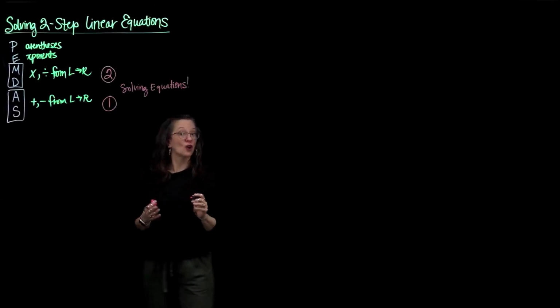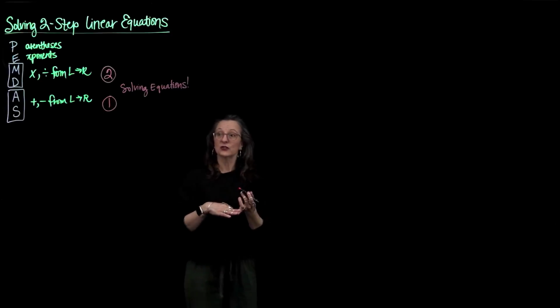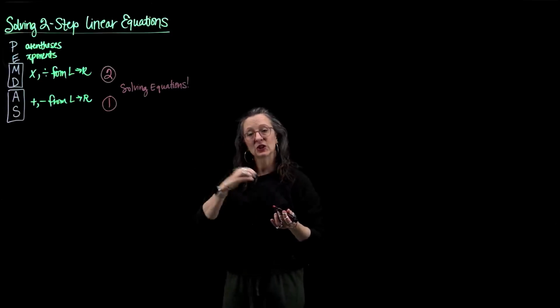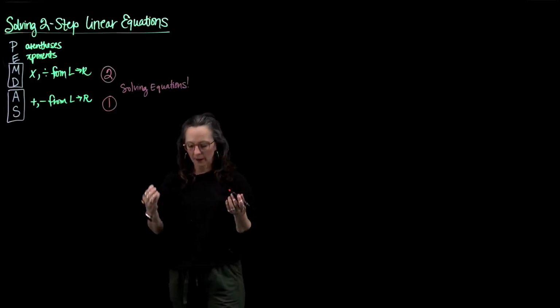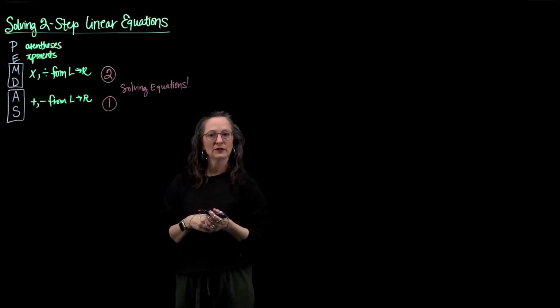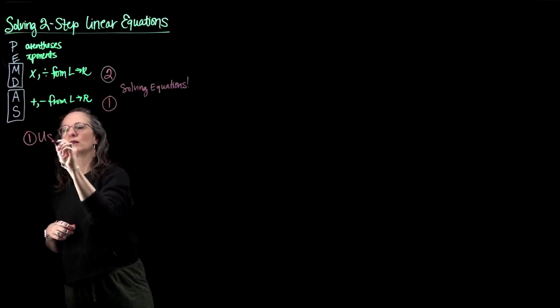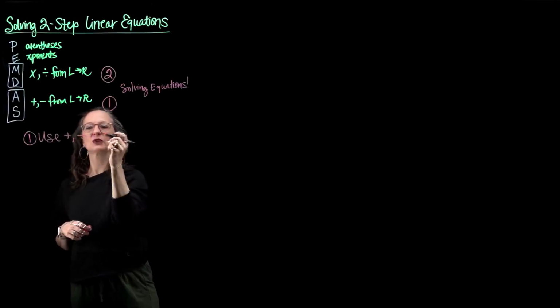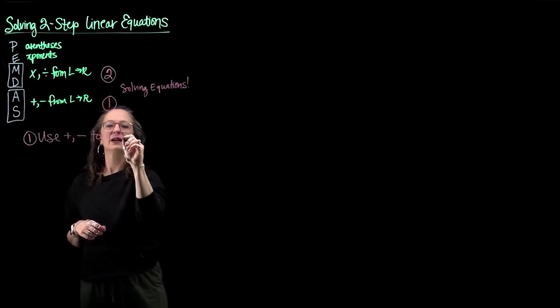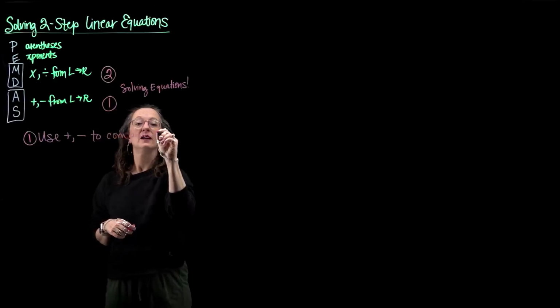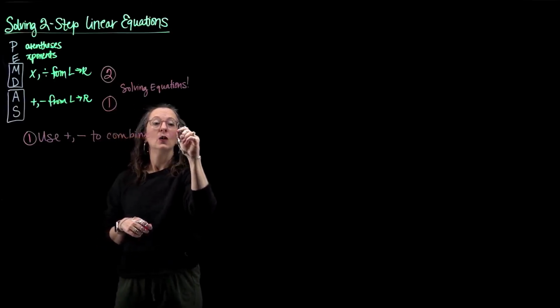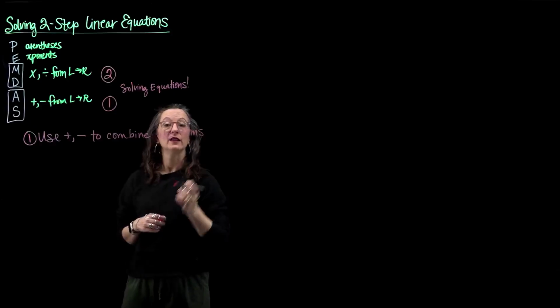Okay, so remember that first we're going to use addition and subtraction to combine our like terms. Let me write that one down. We're going to use addition and subtraction to combine our like terms. Now this could be the x's, or it could be the numbers.